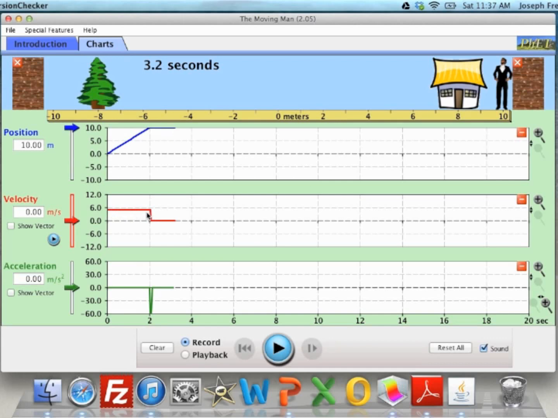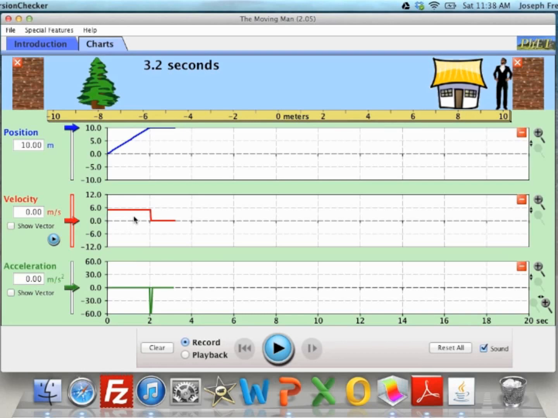Now, if you were to take the area under this red line, the area for the interval from 0 to 2 seconds, well, that would give you his total distance. His total distance covered is the area under this curve. And so this would be 5. That's your height. Your length is 2. 5 times 2 is 10 meters.